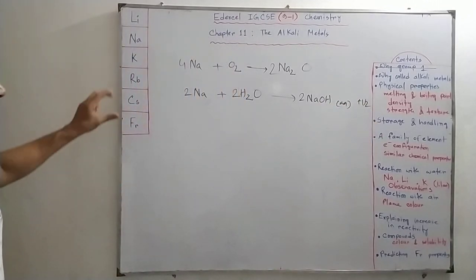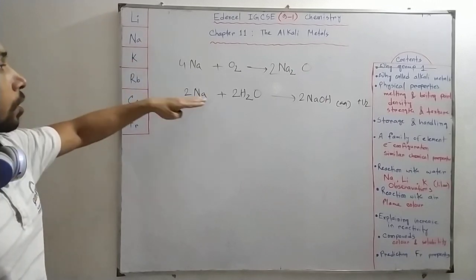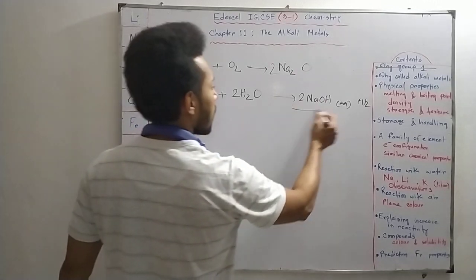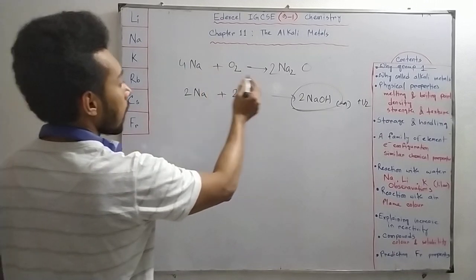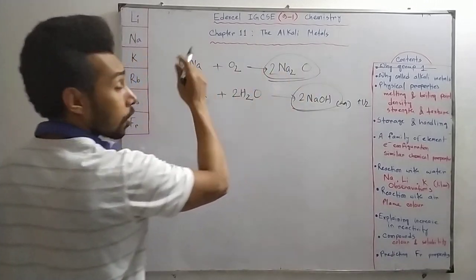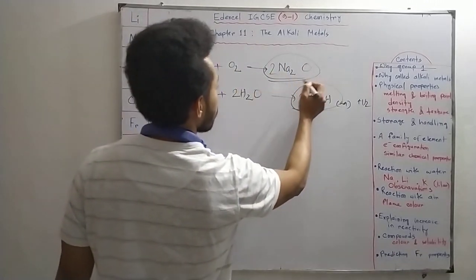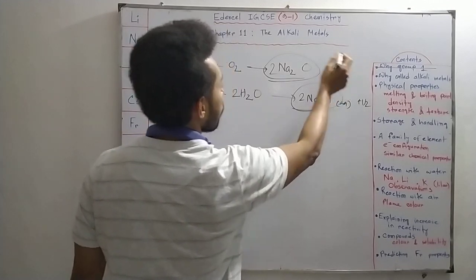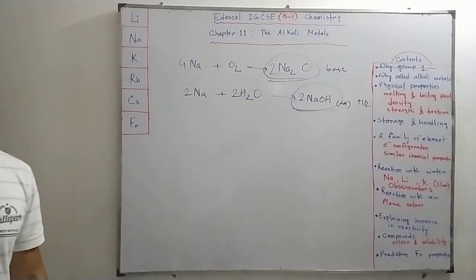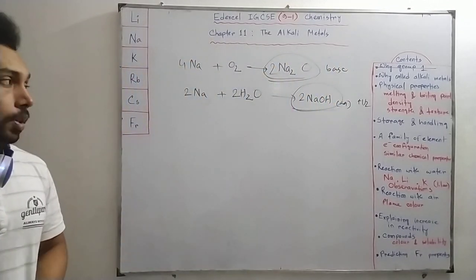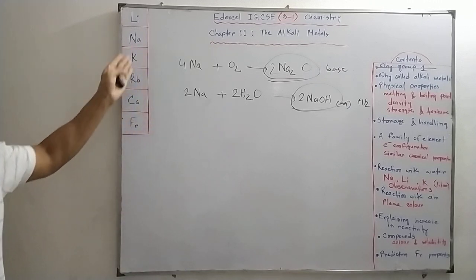Since they react with water to form an alkaline solution, and the oxides formed are also bases which dissolve in water to form again an alkaline solution, that's why they are called alkali metals.